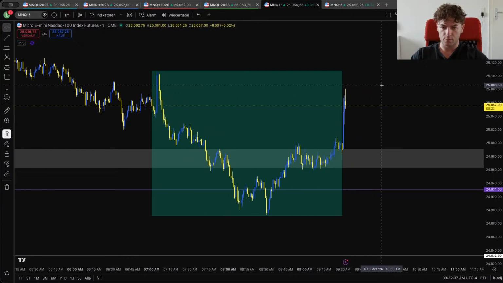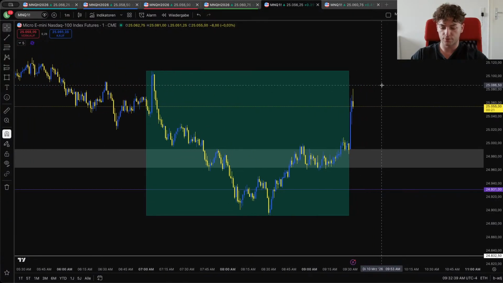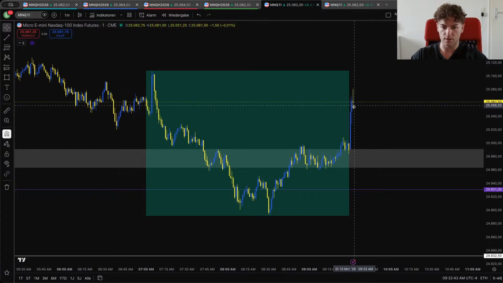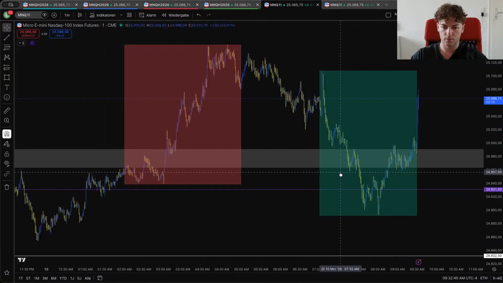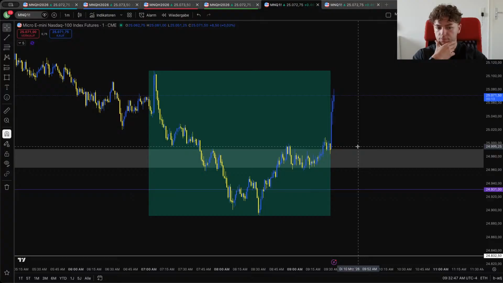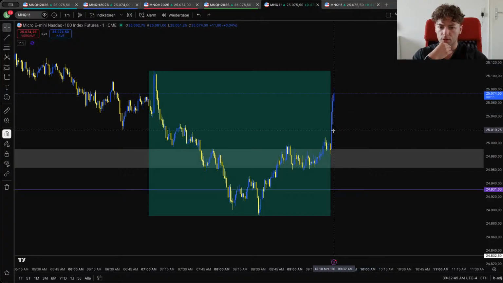So yeah, buy is rather bullish, but for me to enter on a bullish trade idea, I want to see some kind of manipulation lower after the 9:30 opening, which we don't have right now.